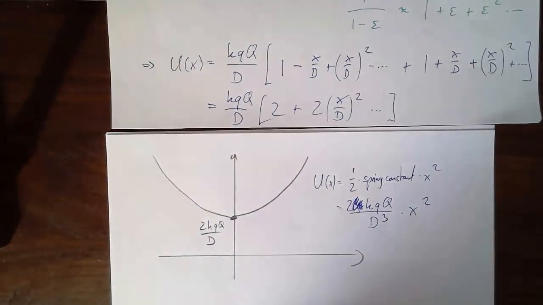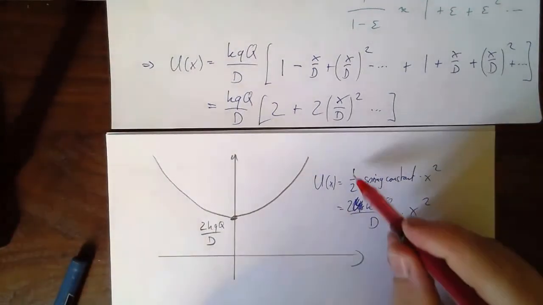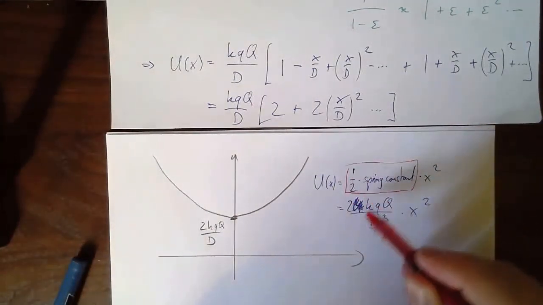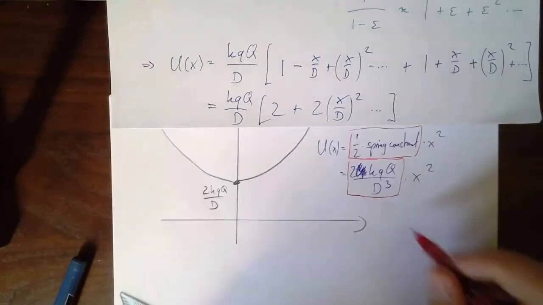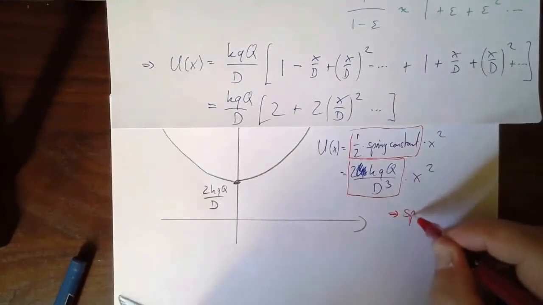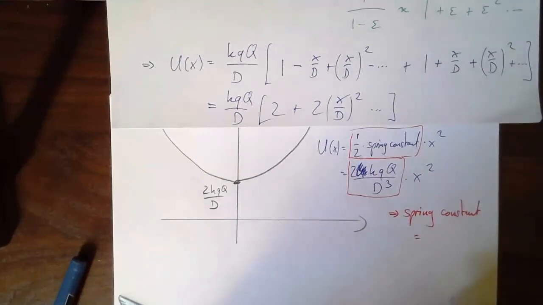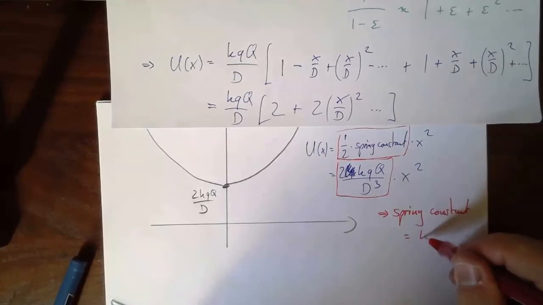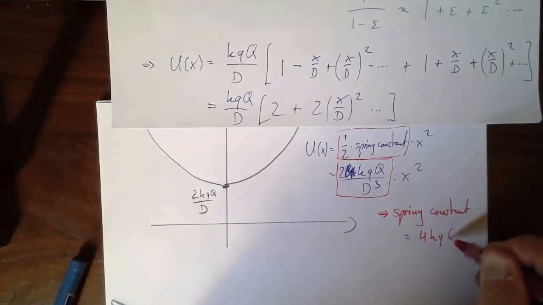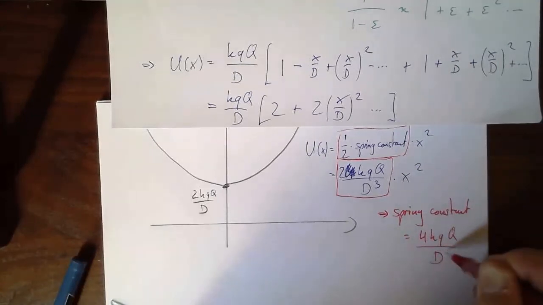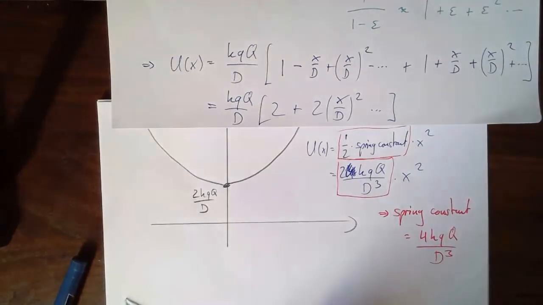So I can read off that my spring constant, right, this 1/2 the spring constant is equal to this. So my spring constant is equal to 4kq over d cubed.